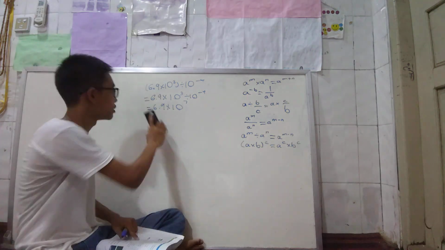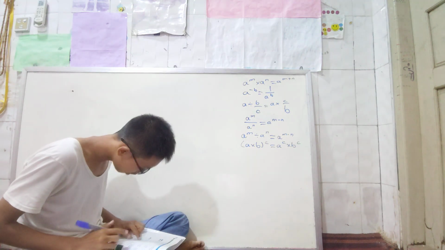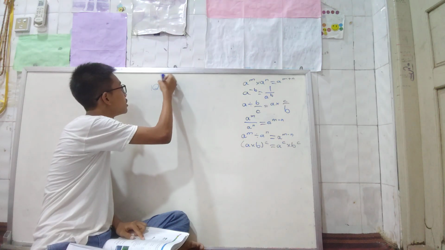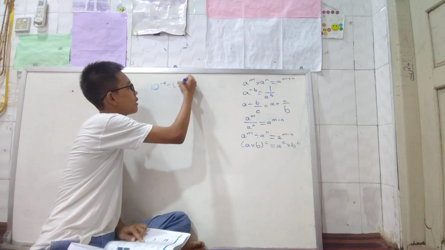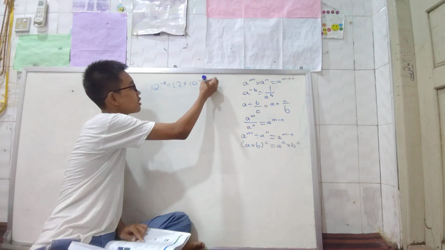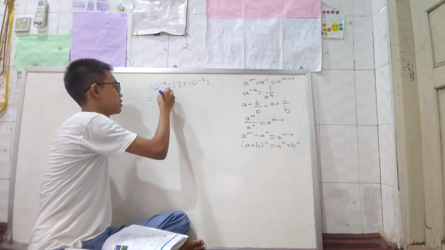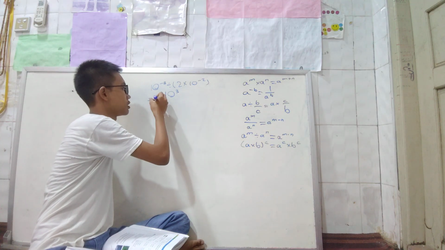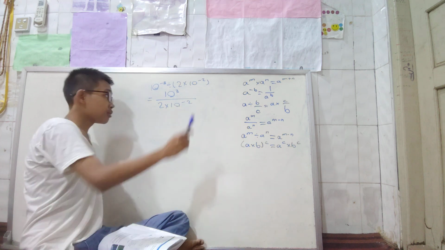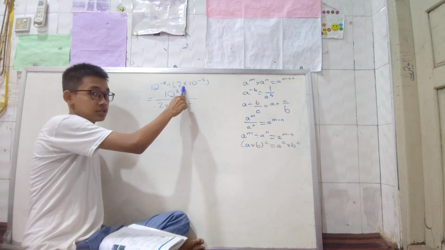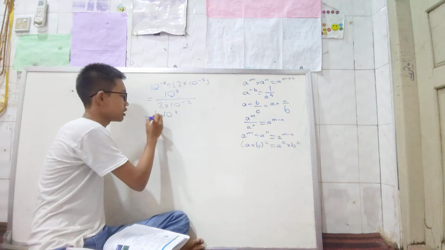What about number 20 here? Number 20 is 10 to the power of minus 3 divided by 2 times 10 to the power of minus 2. That is actually a lot more difficult, so let's just turn it into a fraction, divided by 2 times 10 to the power of minus 2. And then we'll rewrite the numerator, this part here, into standard form, which is 1 times 10 to the power of minus 3.